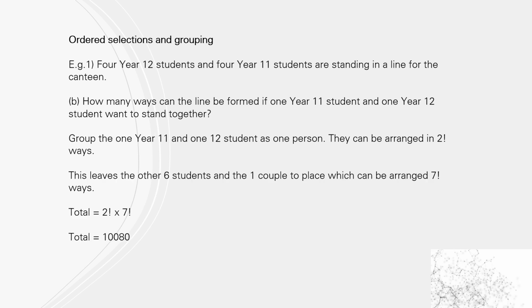Now that we've formed a group with them, that leaves the other 6 plus those 2, but we're going to treat them as one, and those can be arranged in 7 factorial ways. So the total is 2 factorial times 7 factorial, which is 10,080.